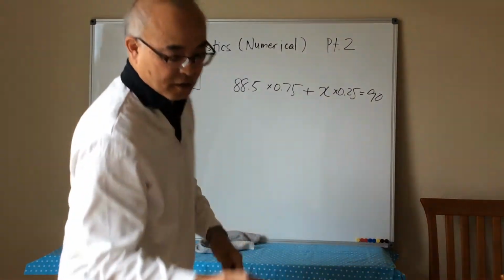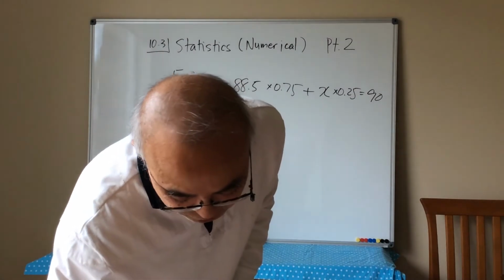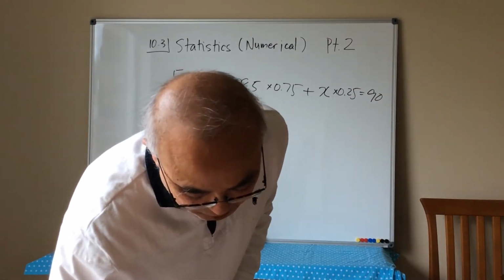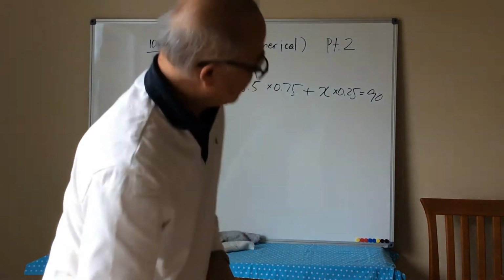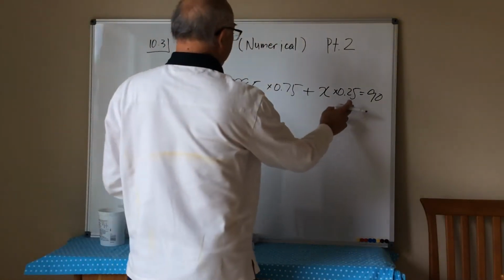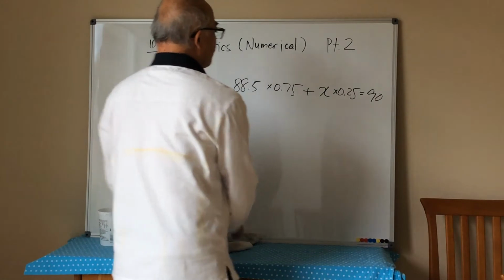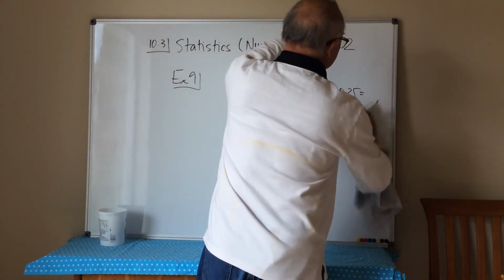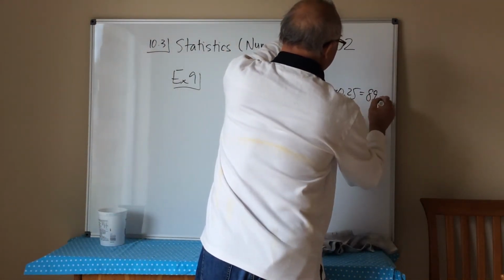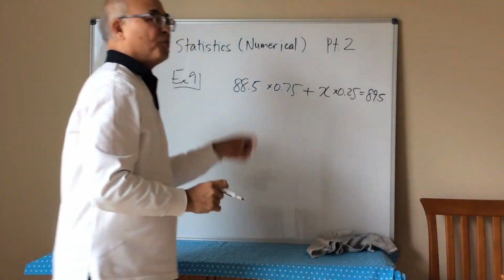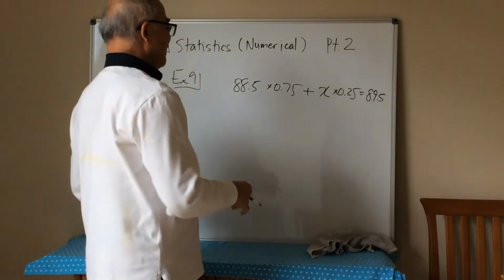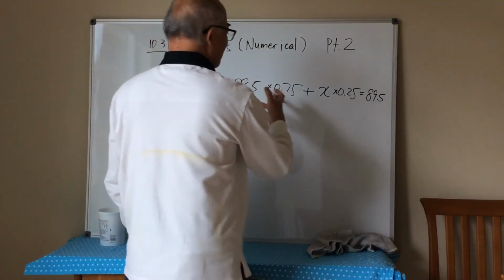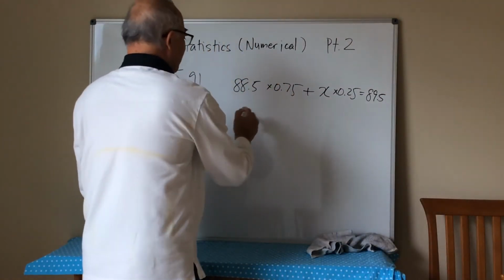If I calculate this out, what do I get? Oh, so the book actually does 89.5 because they figure that anything greater than 89.5 you round up to be 90, right? Okay, right? So if I do the math out, what do I get?